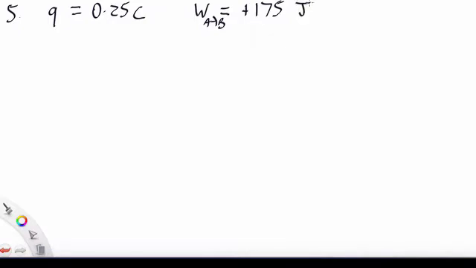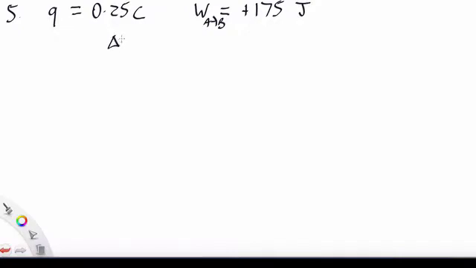Now number 5, the work done to move a charge that is plus 0.25 coulombs from A to B, and the work to do that is plus 175 joules. What is the potential difference between the 2 points?